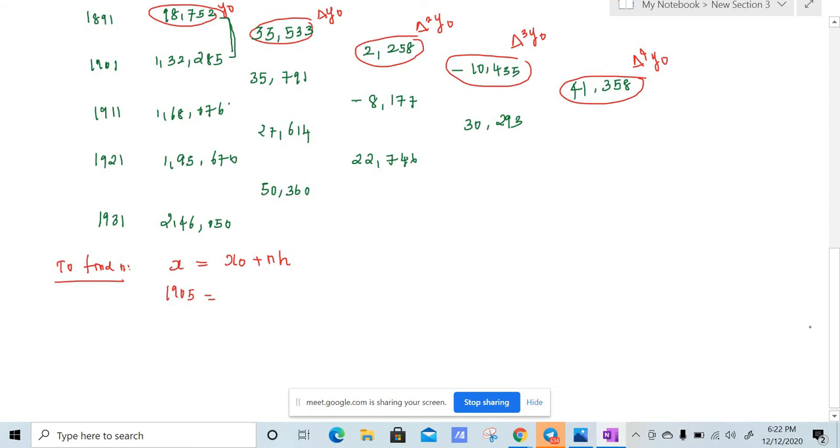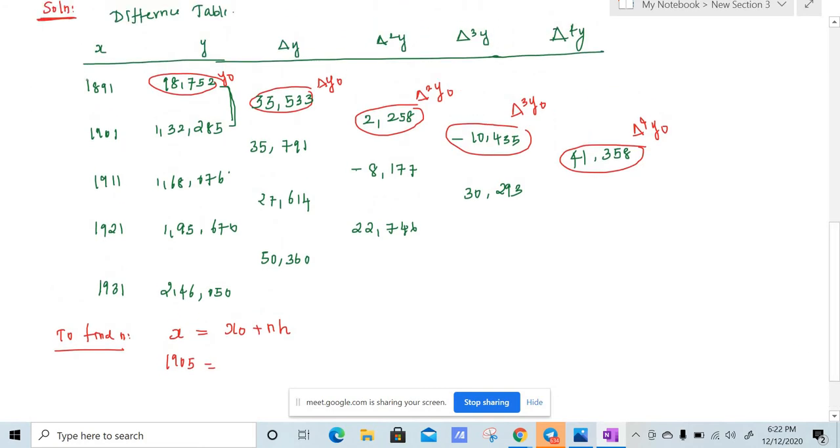X naught is the first value in x, that is 1891. Plus n into h, where h is the interval width. What is the interval width here? It is 10, right? So you can find n from here.